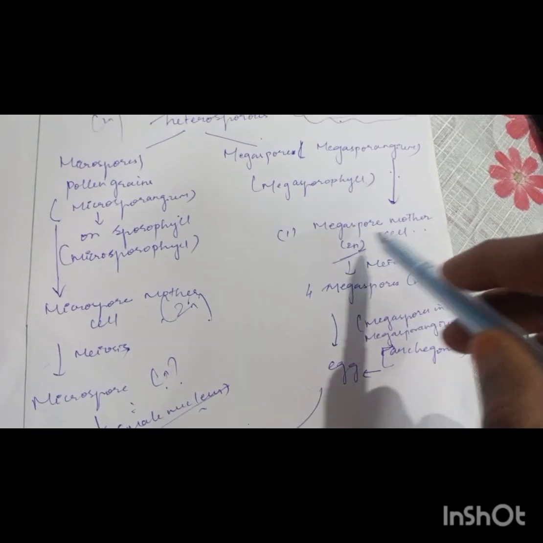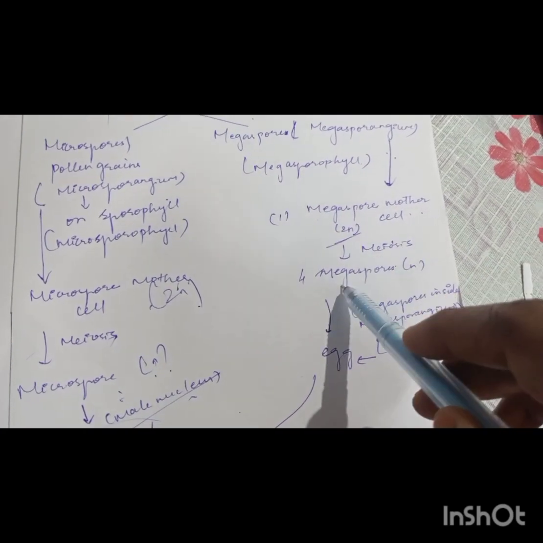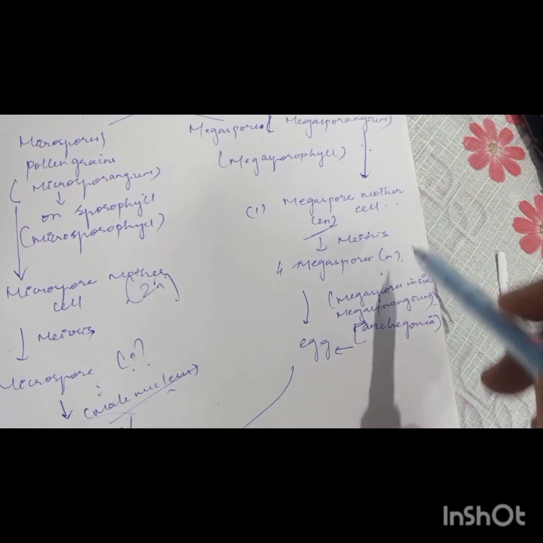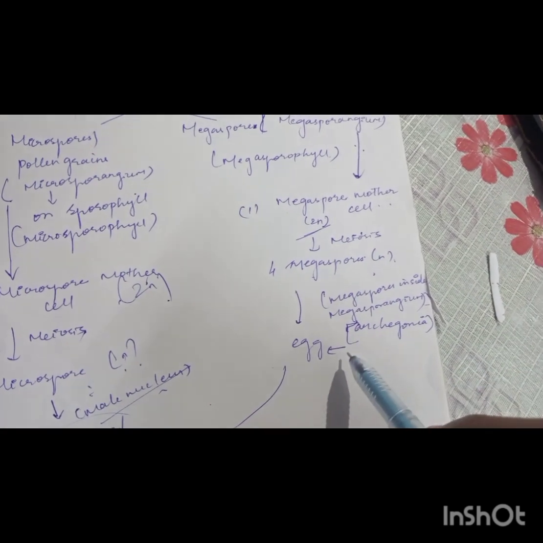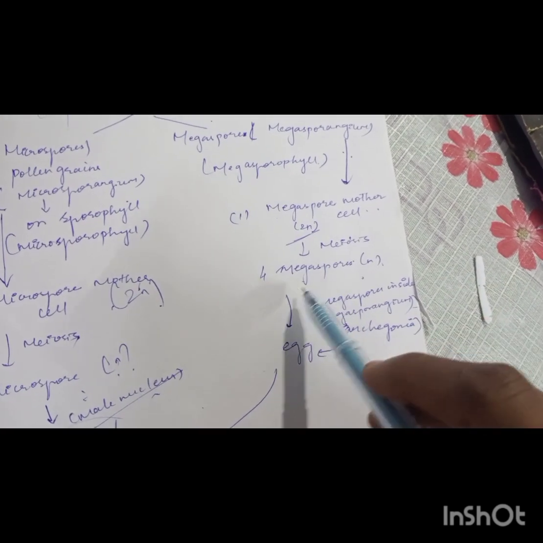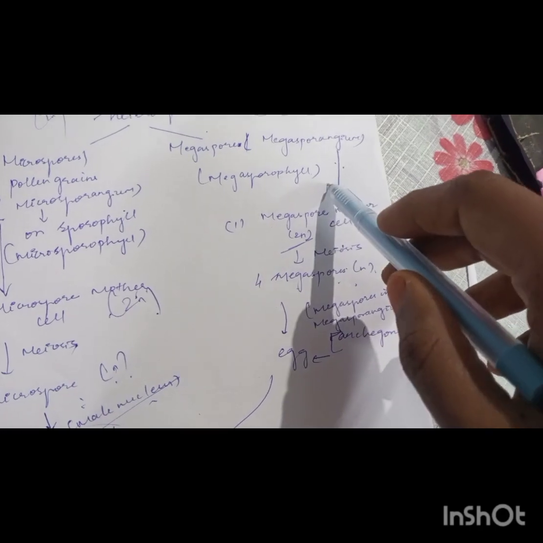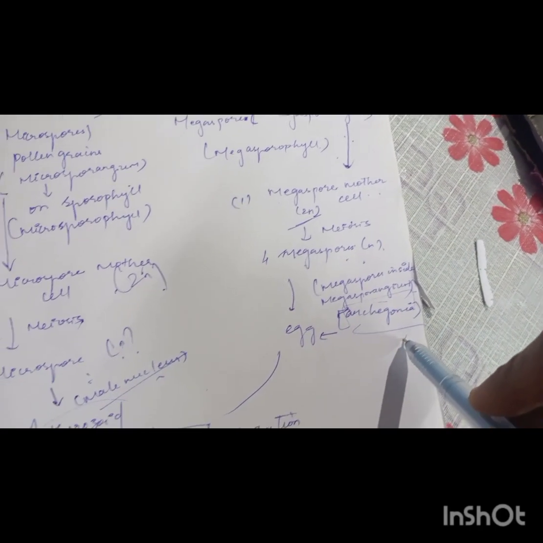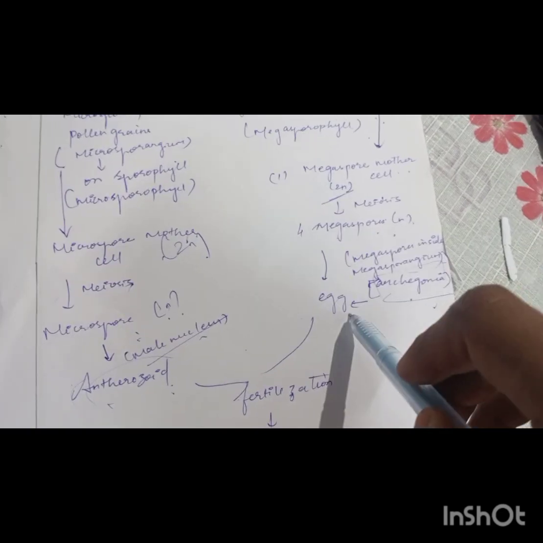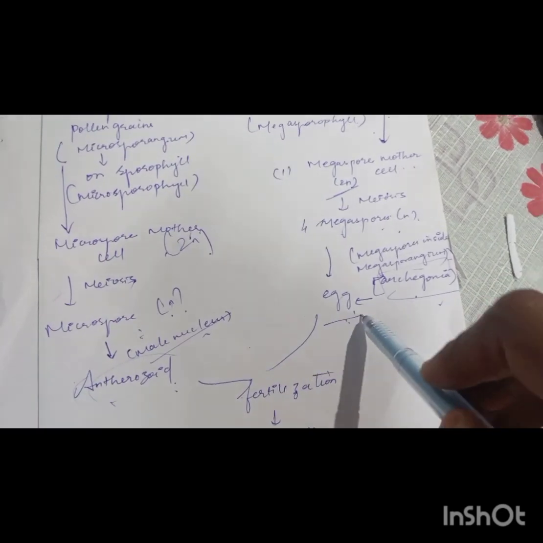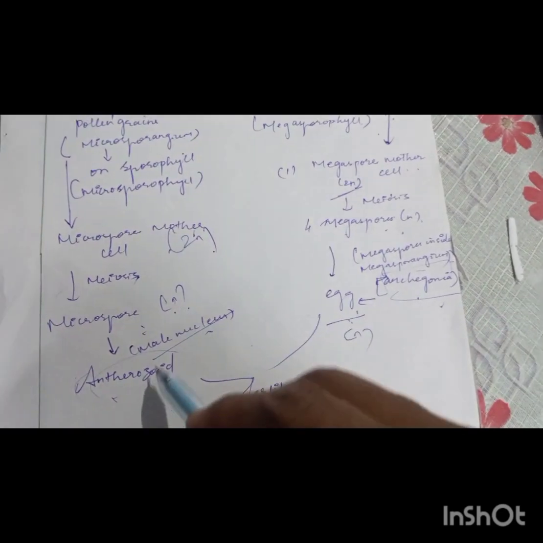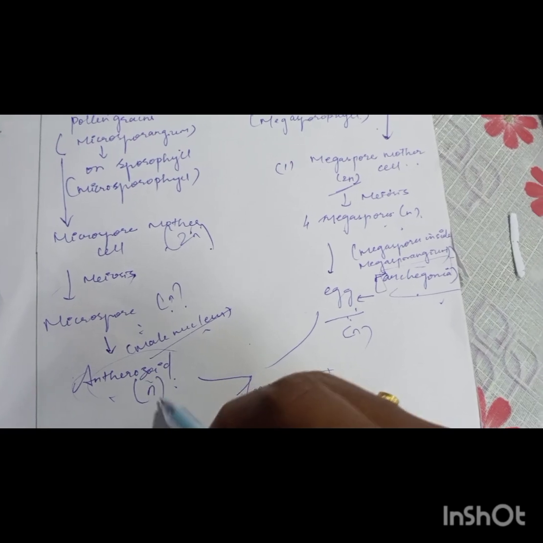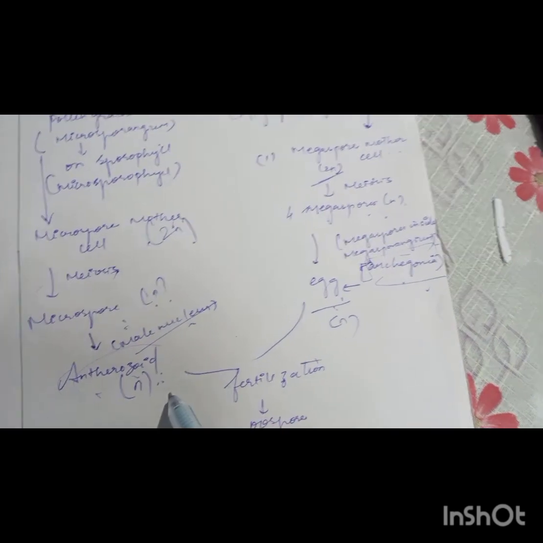It will be diploid 2N, and it will undergo meiosis to produce 4 megaspores, that is haploid. So this megaspore inside megasporangium is together known as archegonia, which is the female reproductive structure. Inside this you can see the female gamete, that is egg. So this is haploid. In the anthrozoid, the male gamete will be present, that is also haploid.